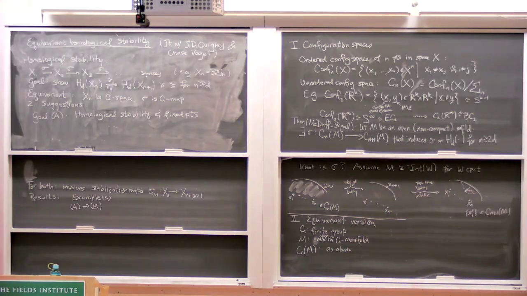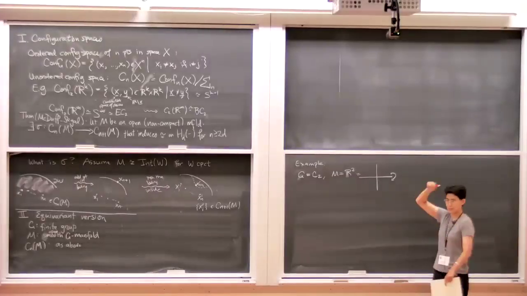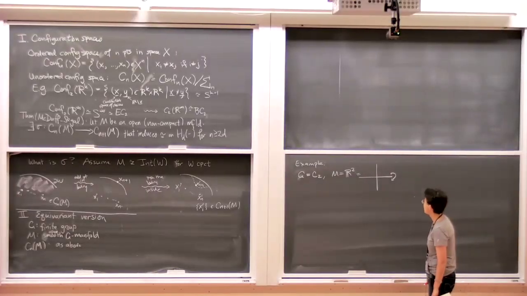Okay, so let's have an example. Our motivation for studying these configuration spaces is actually the boring examples of just G representations. So let's look at G equals C2 for the easiest kind of representation, and M is the two-dimensional representation that flips about the x-axis.